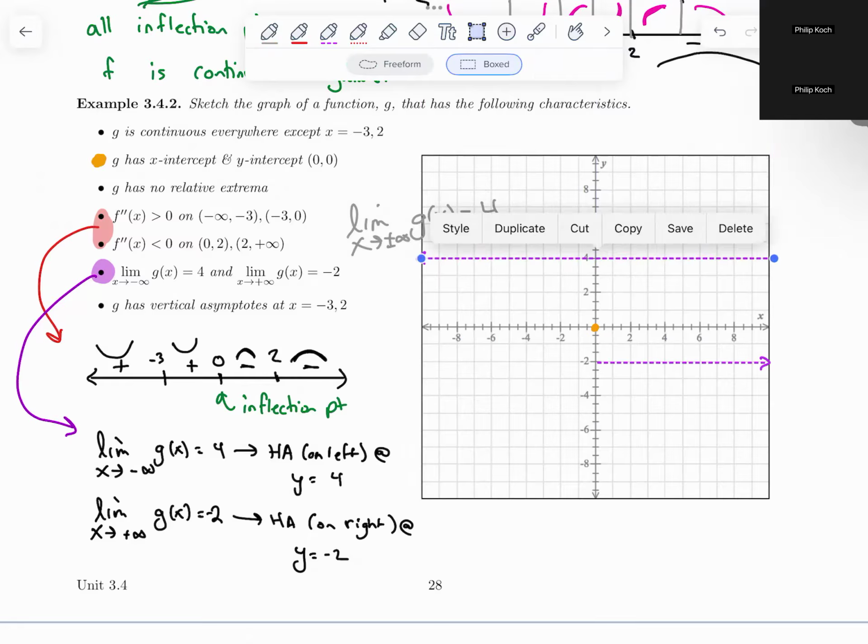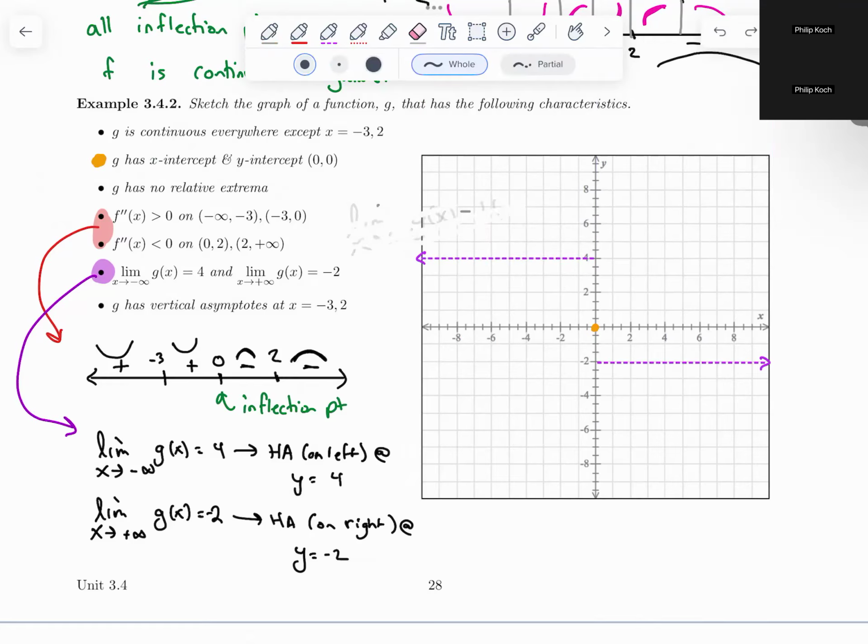Because it would be on the left and on the right: as you approach negative infinity, i.e. on the left, you're approaching that value, and as you approach positive infinity, i.e. when you're going to the right, you're also leveling off at that value. So the direction of the infinity matters. The sign of the infinity does change how it looks.